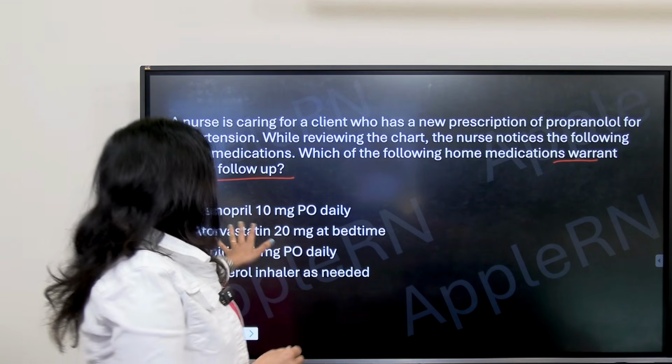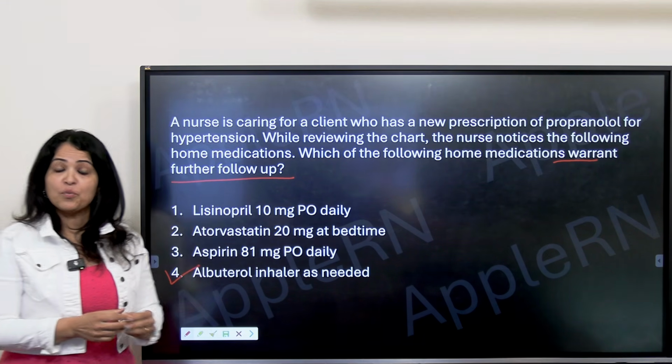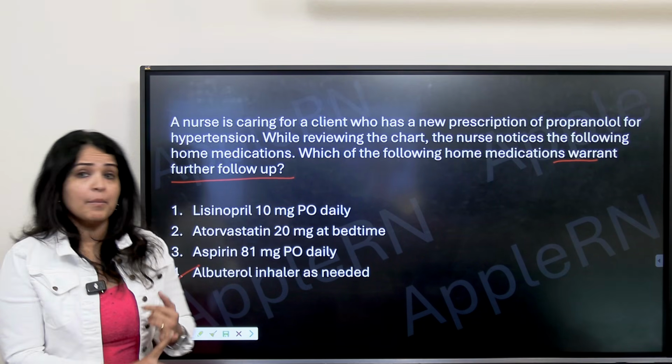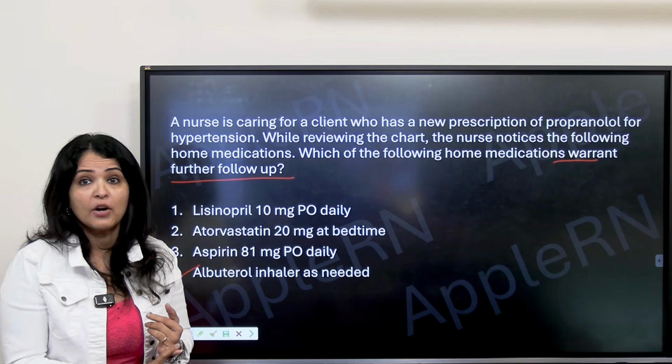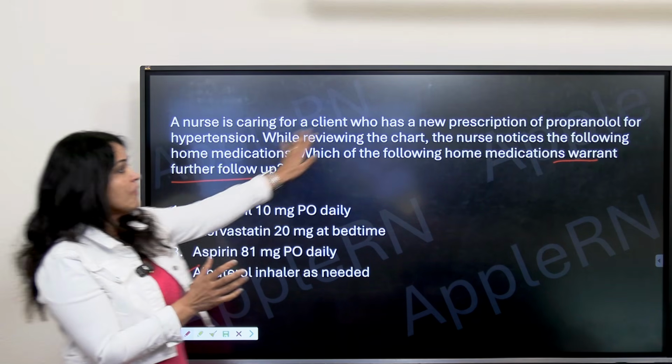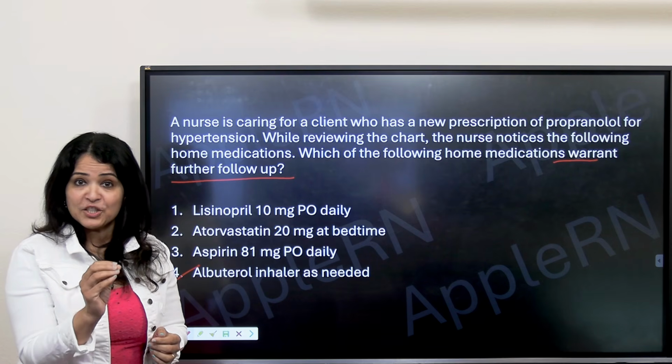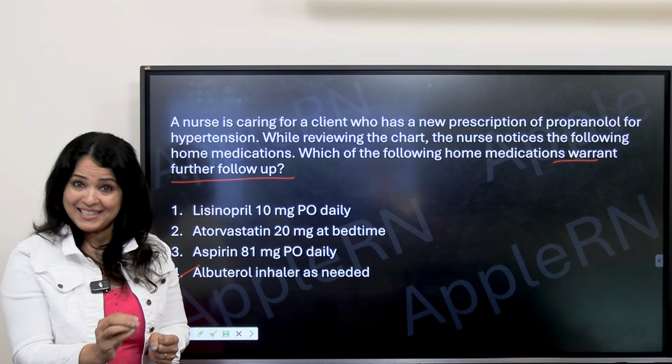Okay. Now, I know some of you might be thinking about lisinopril because you're thinking that's also a blood pressure medicine. Am I worried about it? Should I be worried about it? But here they have a new prescription of propranolol for hypertension. So they are known to have hypertension.